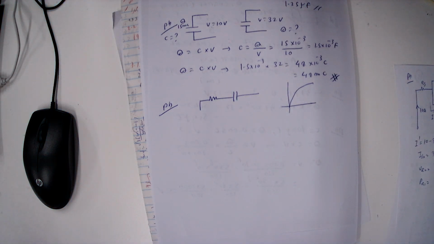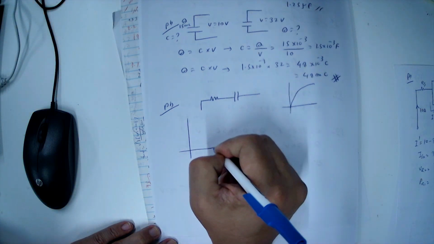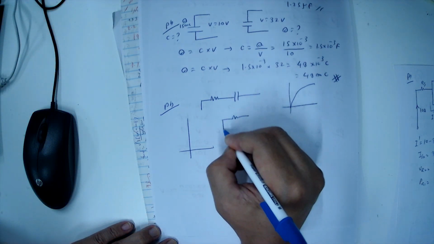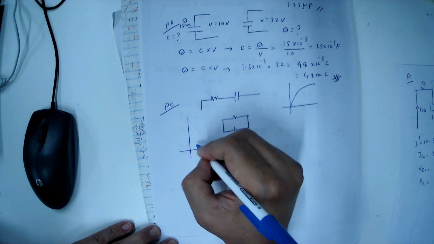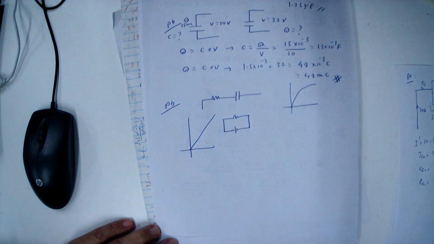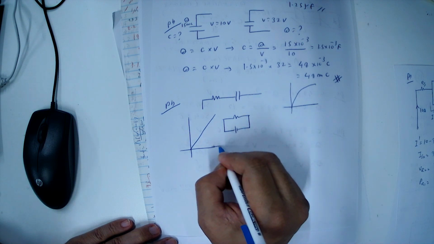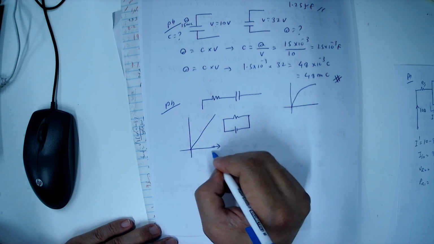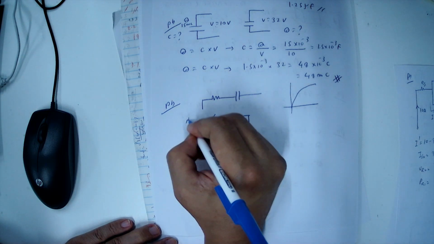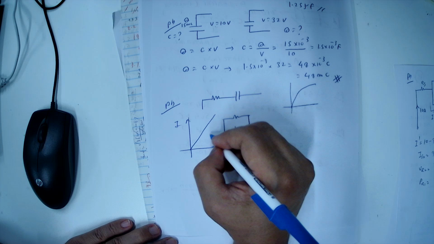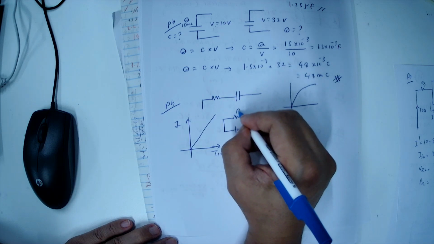The difference from the resistor: if you connect only a resistor to the supply, voltage and current are a straight line, the voltage and current build up straight because of the resistor only.